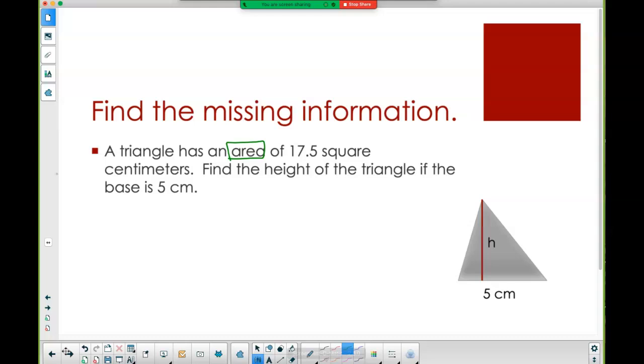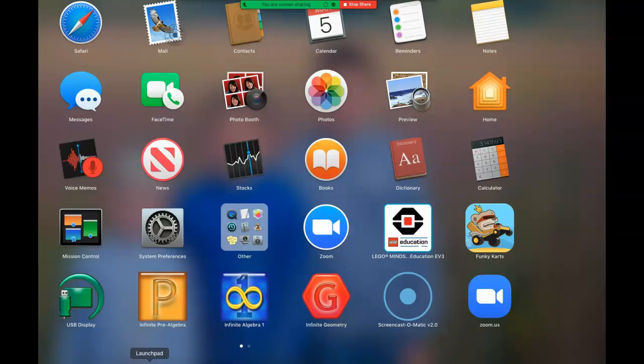Okay, and I'm going to be more specific and say A equals base times height divided by 2. Write that down. It's super important that you write down the whole formula. Now we're going to plug numbers in. Do we know the A? Anywhere in the problem, does it tell me the area?